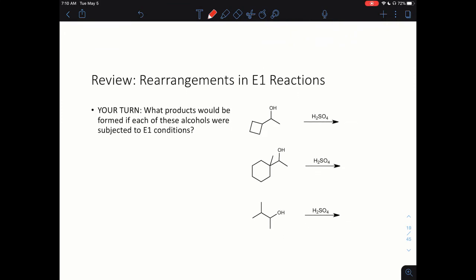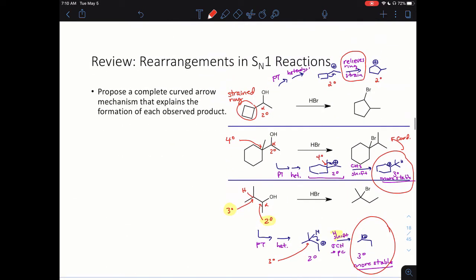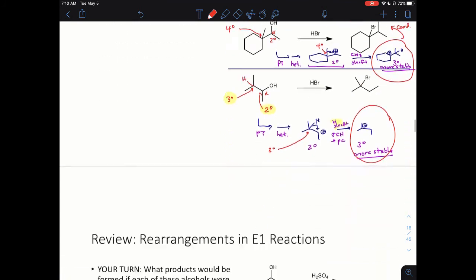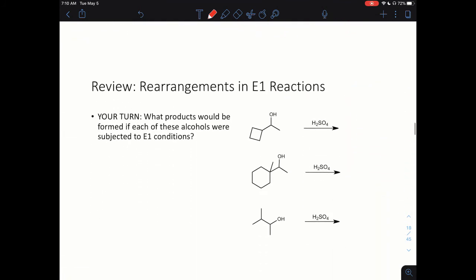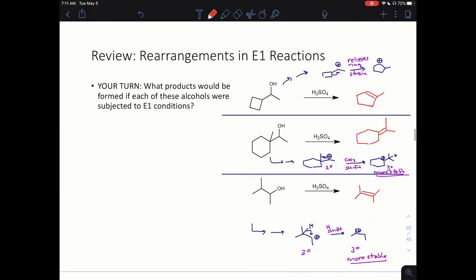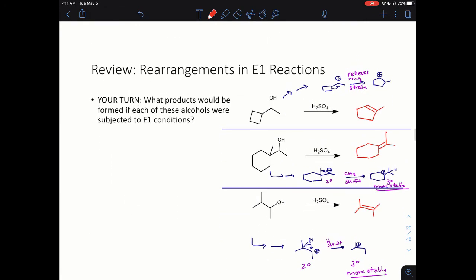Okay, your turn. What if now these alcohols were subjected to E1 conditions? So we looked at SN1 with rearrangement. What about E1 with rearrangement? Yeah, so I've just drawn the same cations that we talked about before.